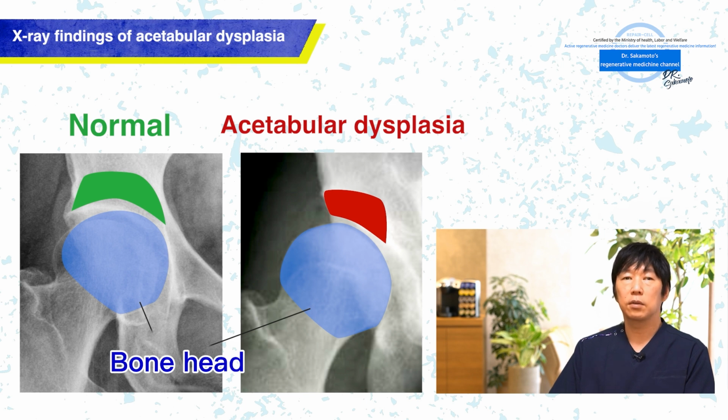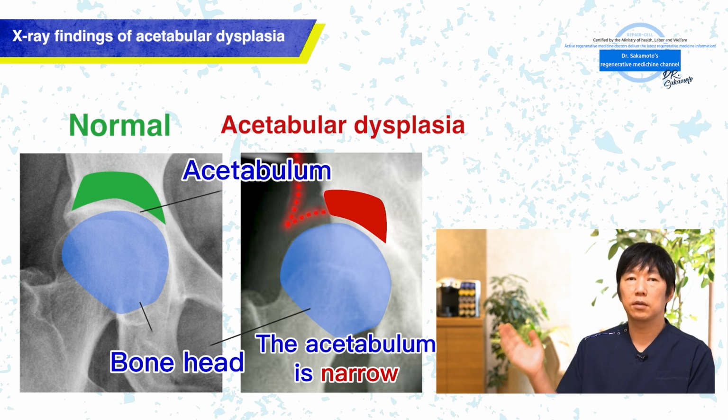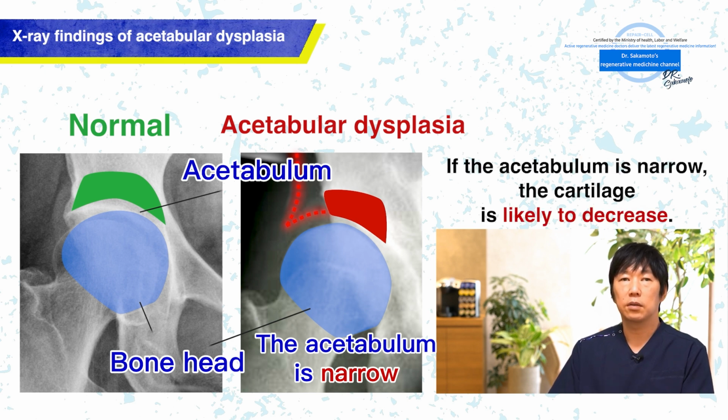The acetabulum of the socket part is slightly narrow. In other words, the area of this part is significantly reduced overall in size. When the area of the acetabulum is particularly narrow like this, it puts a lot of stress on that part, making it prone to cartilage reduction and deformation.